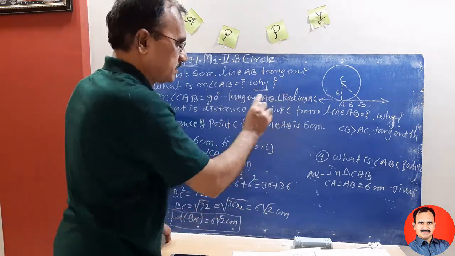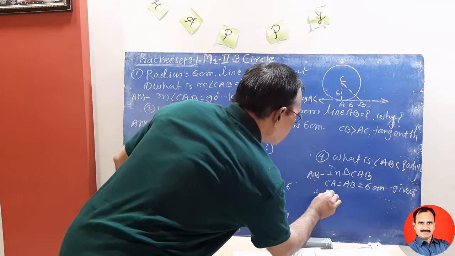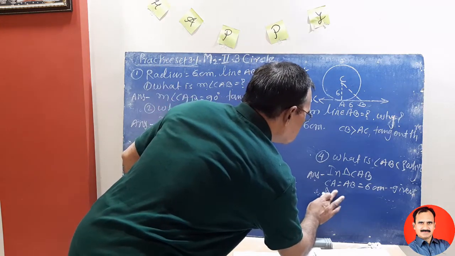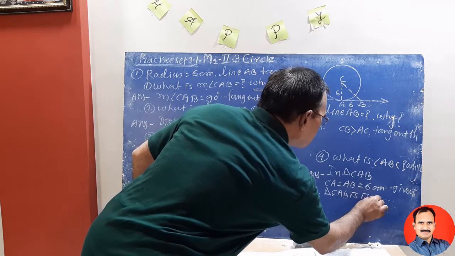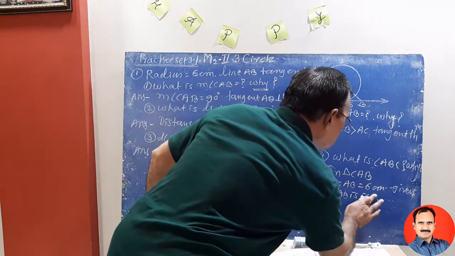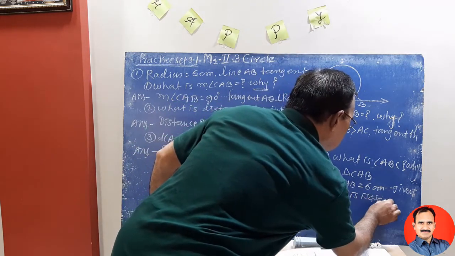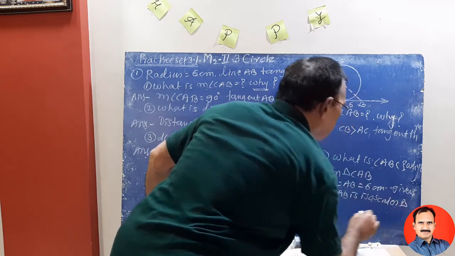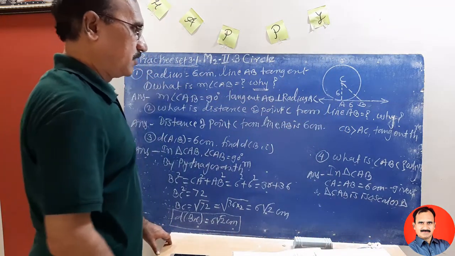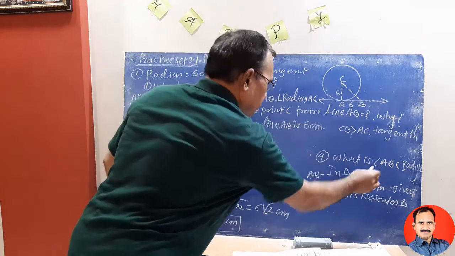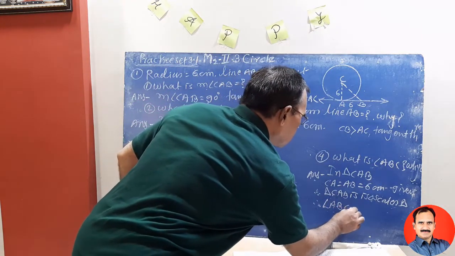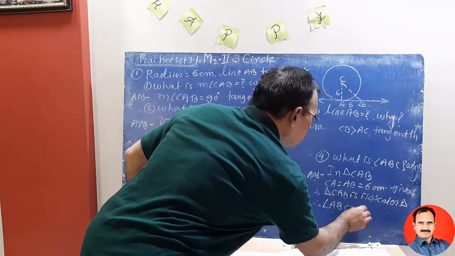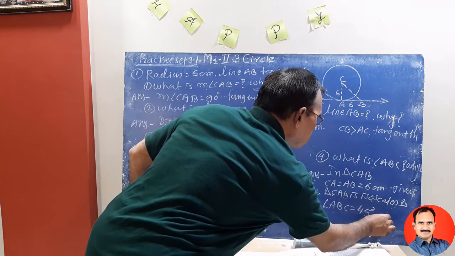Means triangle CAB is an isosceles triangle, and therefore angle ABC is equal to 45 degree.